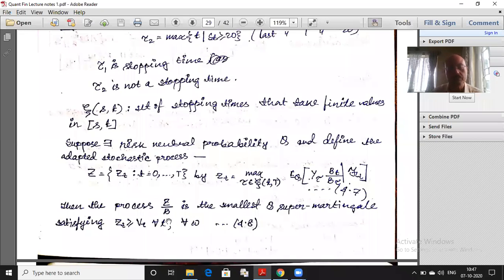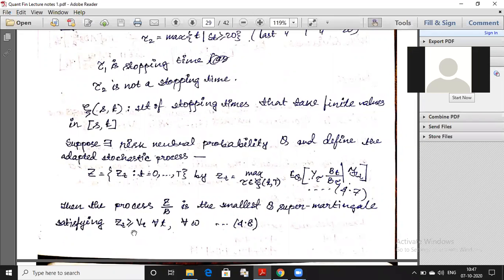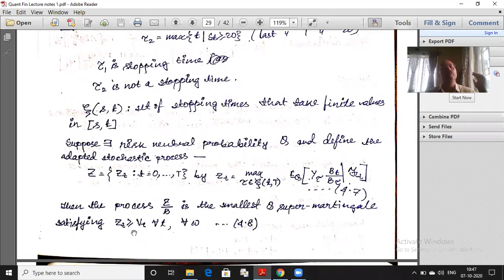So Zt will be always greater than or equal to Vt. This much we know. And essentially, what we are interested in is at which point Zt becomes equal to Vt. So Zt must be more than Vt in general, but when it becomes equal to Vt, that is when our actual early exercise question will come in.